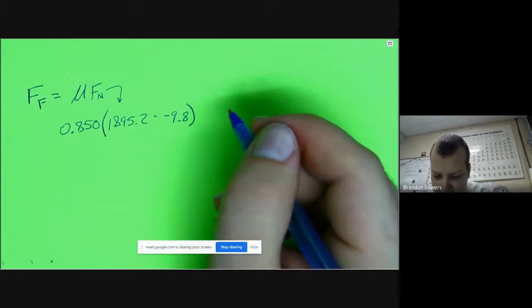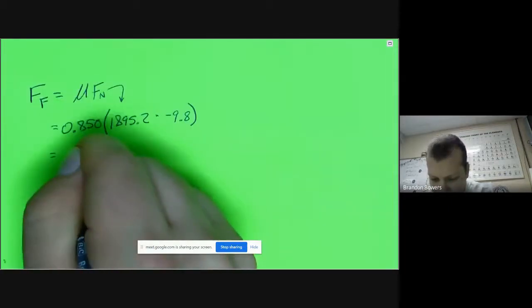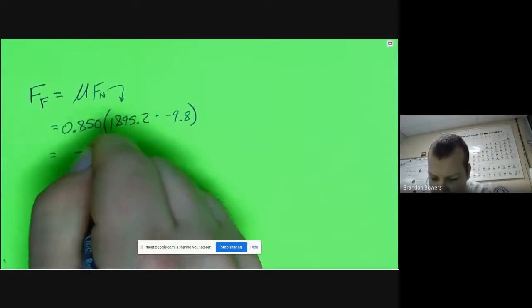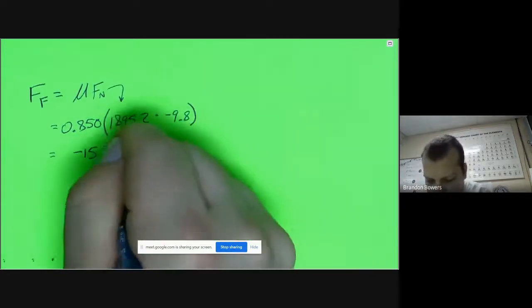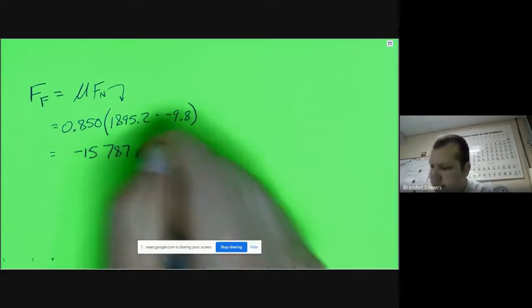Okay. So here I got the force of friction to be equal to negative 115,787 newtons. Okay, so that's the force of friction.